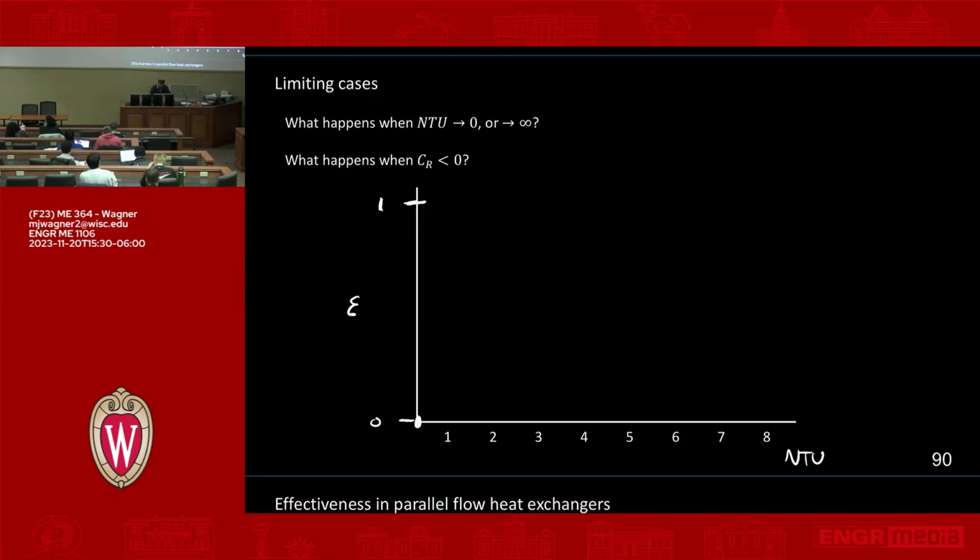So if I were to sketch that out, it starts at the 0, 0 point down here. Now as I increase NTU, I'm going to find there's a pretty quick response in effectiveness. But there's a certain point at which I could keep adding more and more material, but it's not going to change my result. I've already transferred all the heat that's there to transfer. So if you map this out, it's going to look something like this.